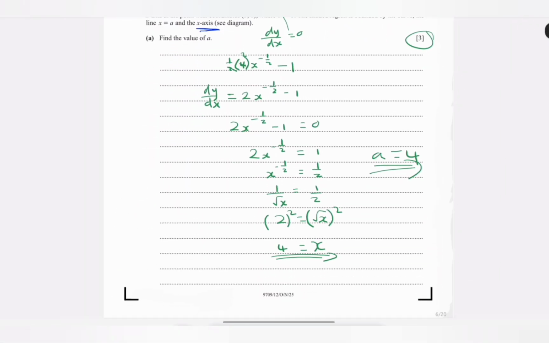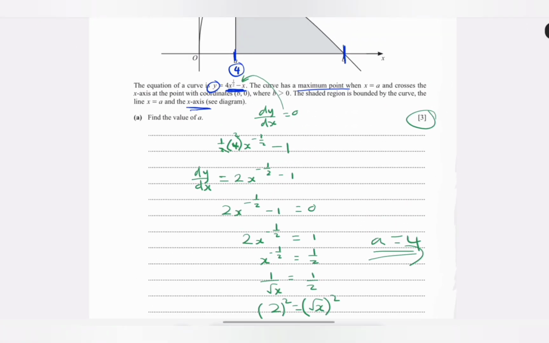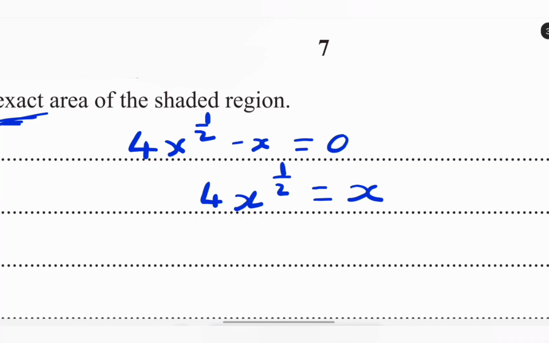And so 4x to the power half minus x is equal to 0 because y is equal to 0. And then 4x to the power half is equal to x. Now this is 4 root x being equal to x.